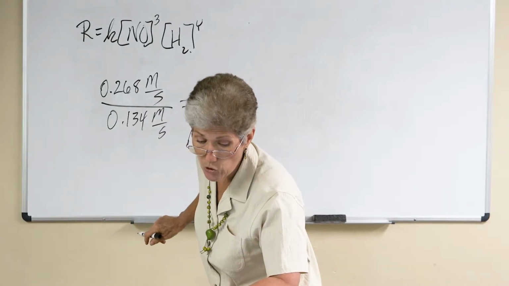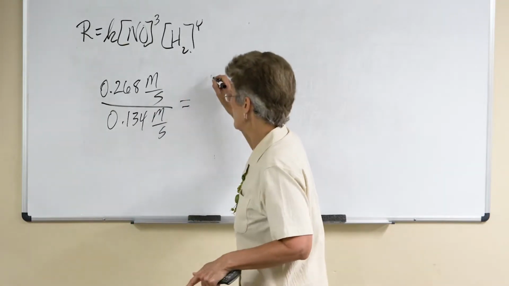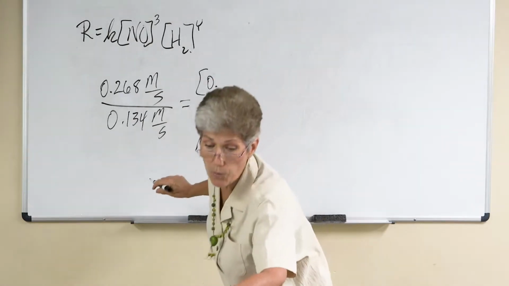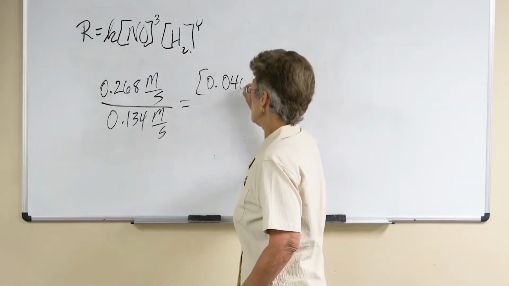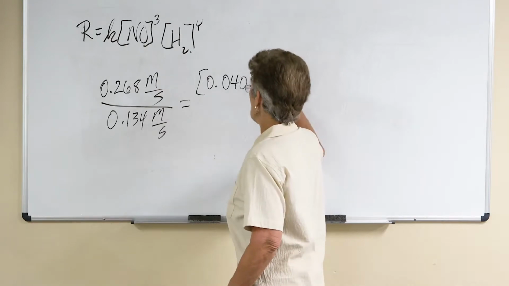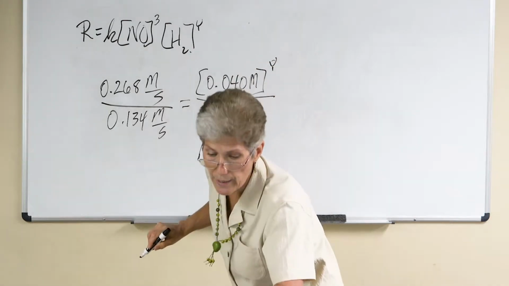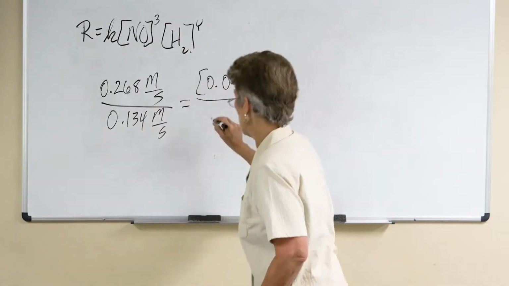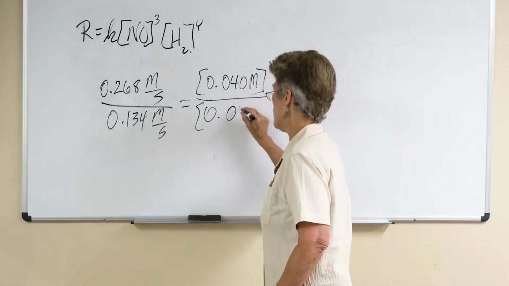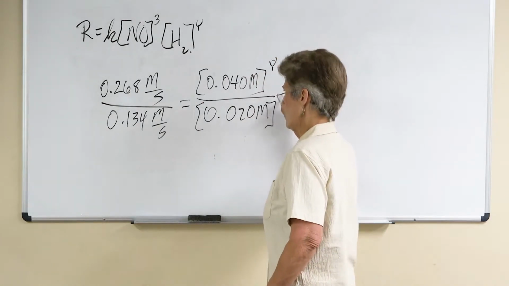We're going to use trial 2 for H2, which is 0.040 molar to the Y, divided by 0.020 molar to the y.